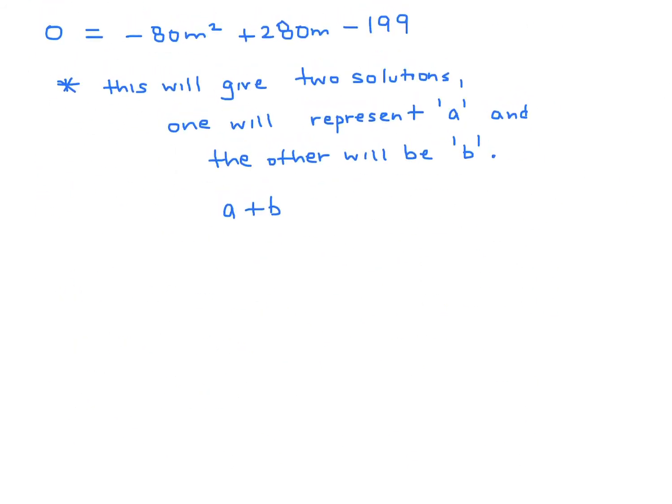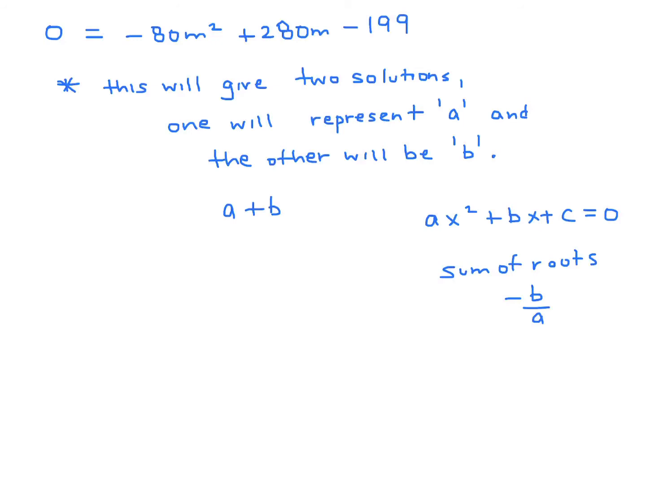Why? Because in any kind of a polynomial of the form ax squared plus bx plus c, the sum of the roots is equal to, if you remember, minus b over a. So if you have two roots to this quadratic and you just want the sum, you just use the formula minus b over a.